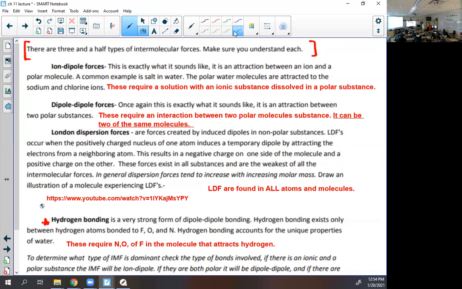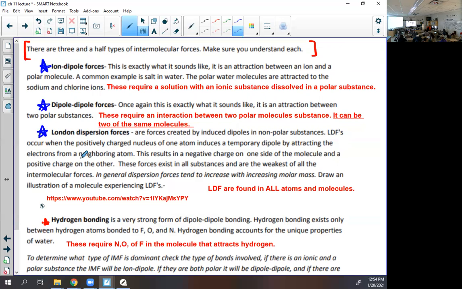These things are absolutely important to know: what they are, the application of what they are, and when they would exist in something. You have to know those things. So the 3 main types of intermolecular forces are, first, ion dipole forces.